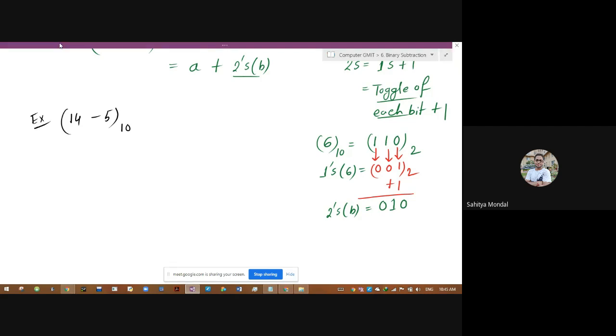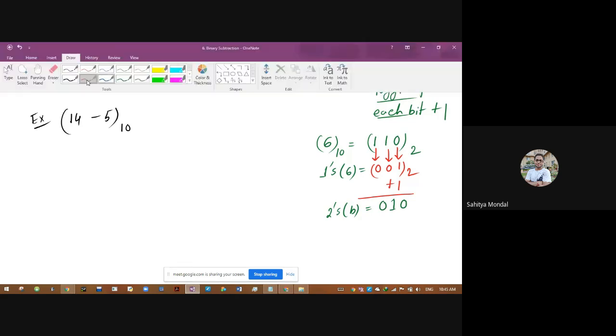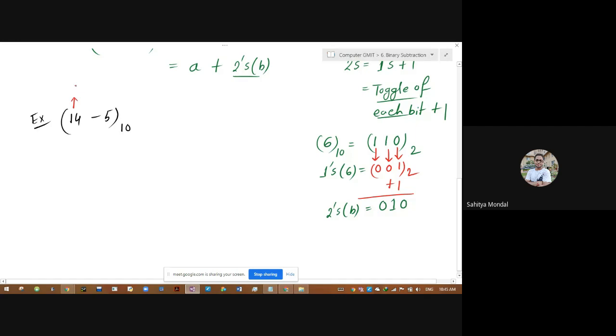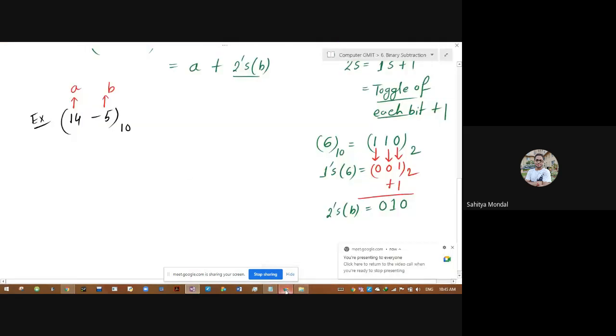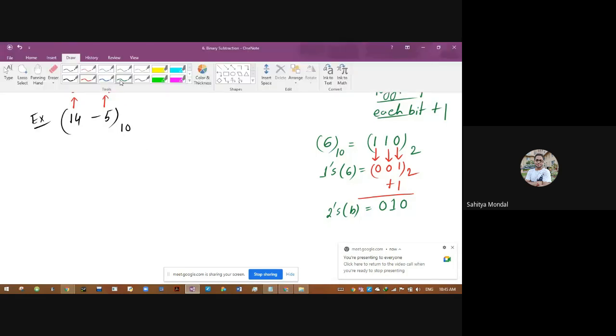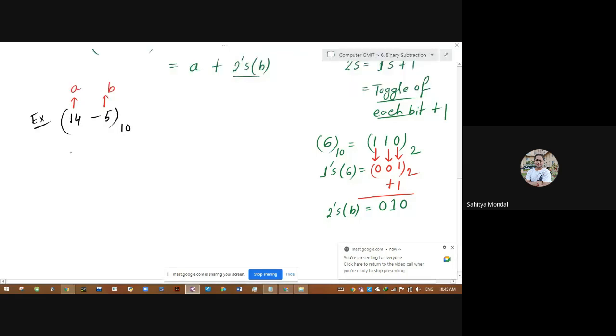What is 14? 14 is assumed to be A as far as my algorithm is concerned, and 5 is considered as B. So what I actually formulate for the problem is 14 plus minus 5. Okay. So what is the binary form of 14?